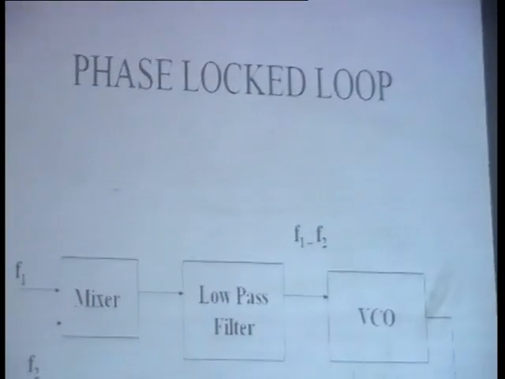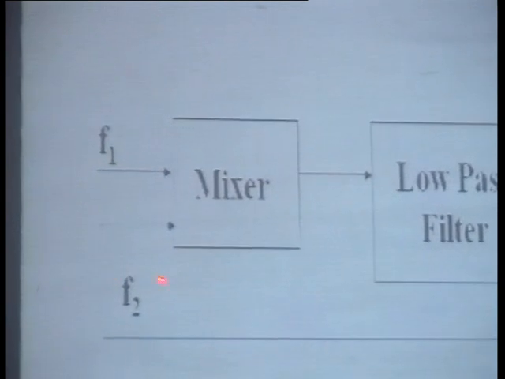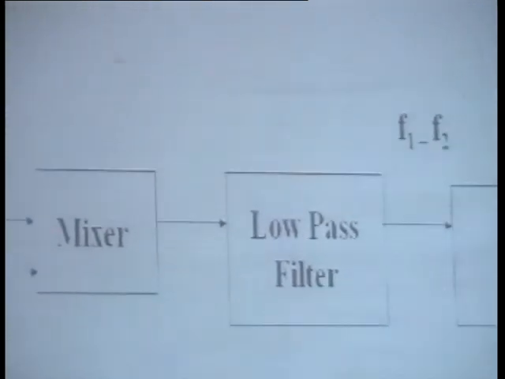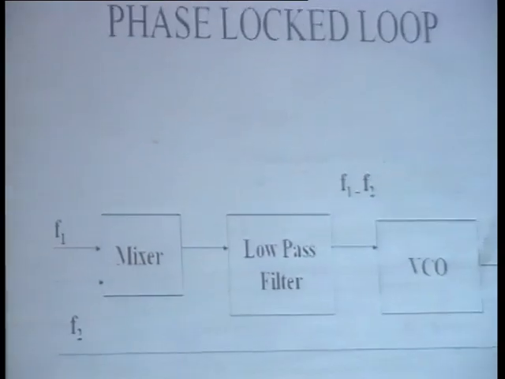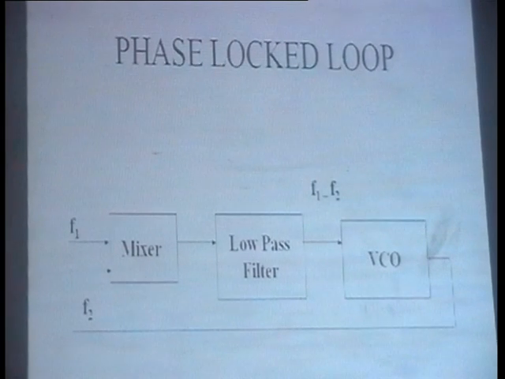So this is one signal V1 with a frequency F1. This is another signal V2 with a frequency F2. Then the theory of mixer: mixing means adding. If you add two frequencies, your mathematics says in the output you will have F1 plus F2 and F1 minus F2. So I am using a low pass filter.